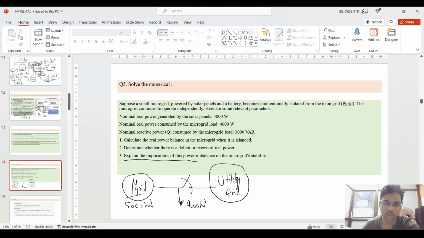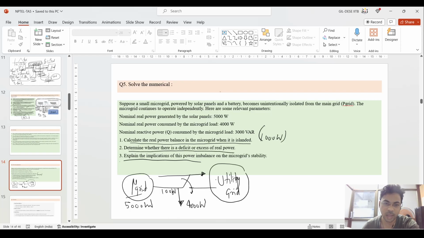This microgrid load is consuming 4000 watt. It means that when it is in grid connected mode, with the switch on, this extra 1000 watt of power should go to the grid itself. This 1000 watt will go to the grid when it is in grid connected mode. So the first answer is: the real power balance in the microgrid when it is islanded is 1000 watt.